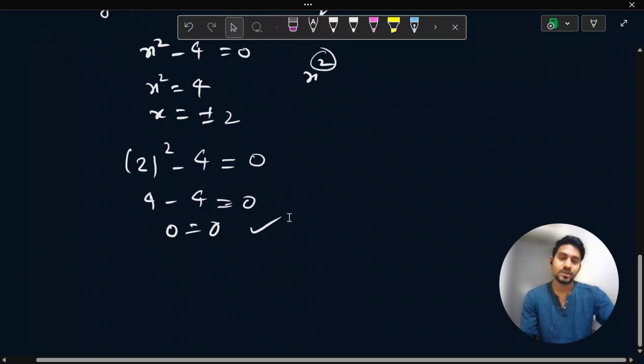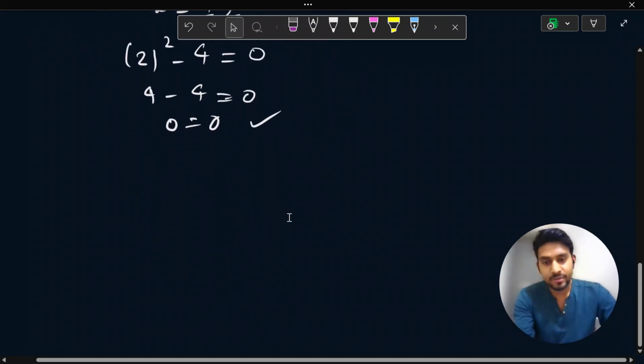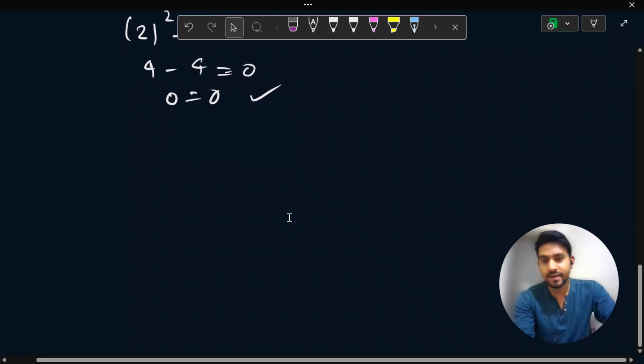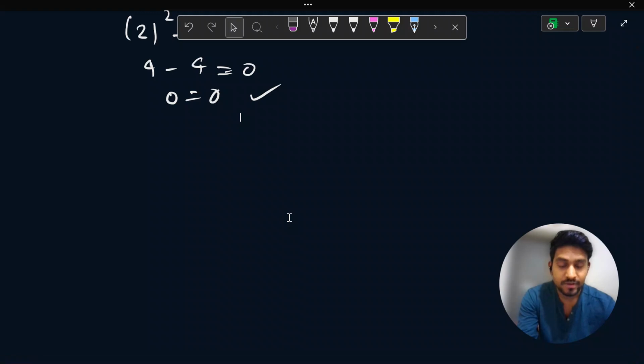Okay, so ultimately we have to understand that the roots are the values of the variable. Here the variable is x, it may be y, it may be z, or any term t, q, p, whatever you like you can have, but in our case x is very common, so we choose x every time.